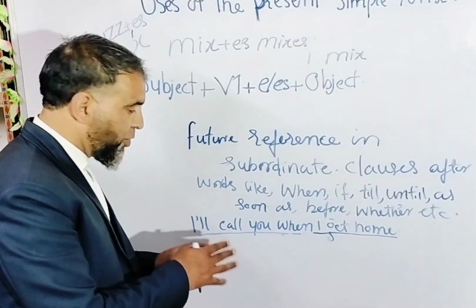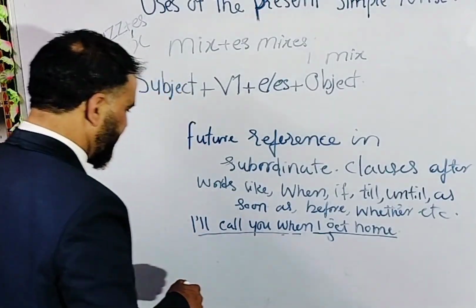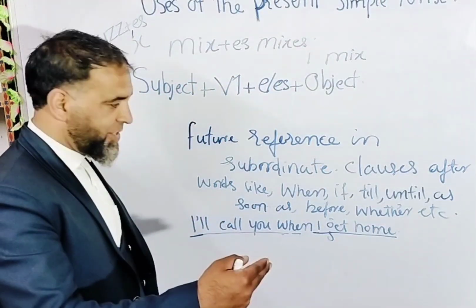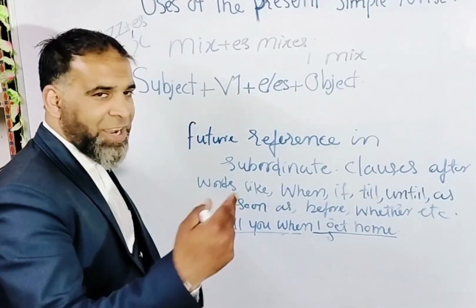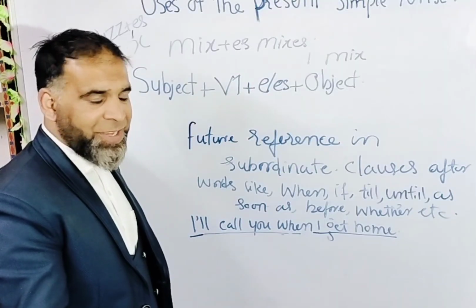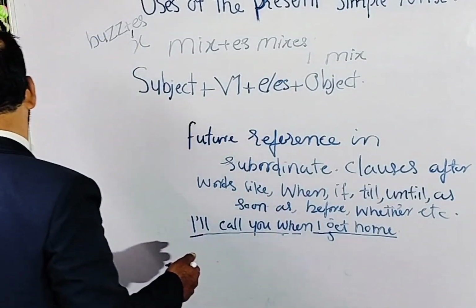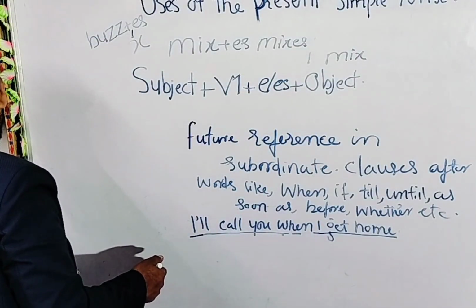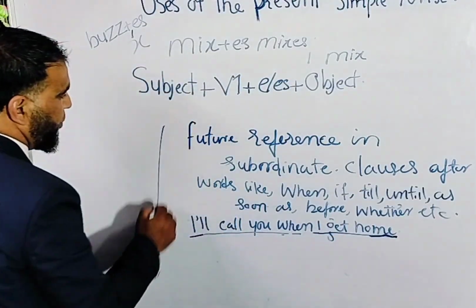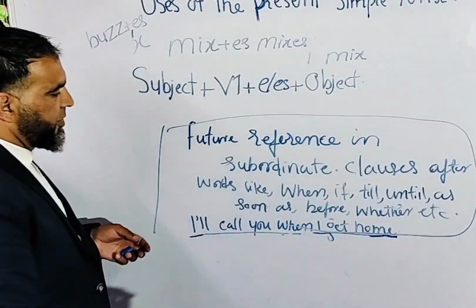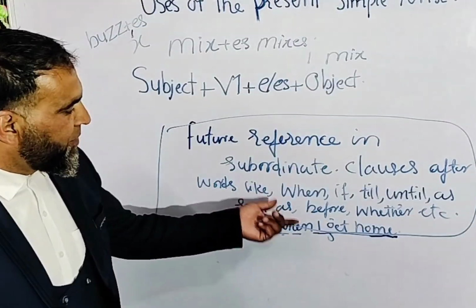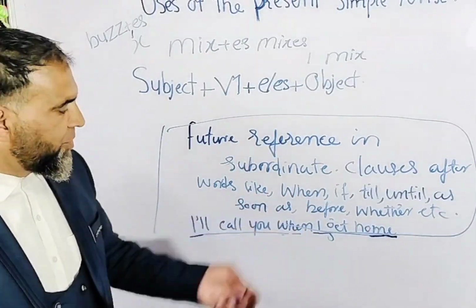I will call you before I go home. And I will call you as soon as I get home. So we use the present simple tense with future reference in subordinate clauses after words like when, if, till, until, as soon as, before, whether, etc.